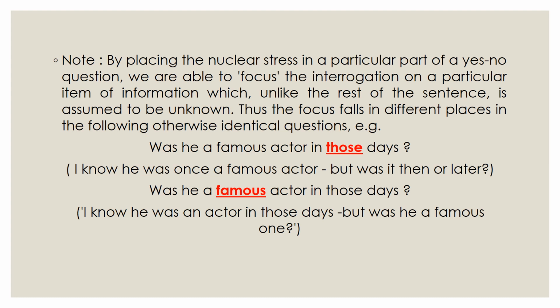So when the speaker is producing a yes/no question and puts the nuclear stress on a particular word, this means that he is asking about this word in particular. All the other parts of the sentence are known to the speaker, but he wants to know about this word because he doesn't know anything about it.